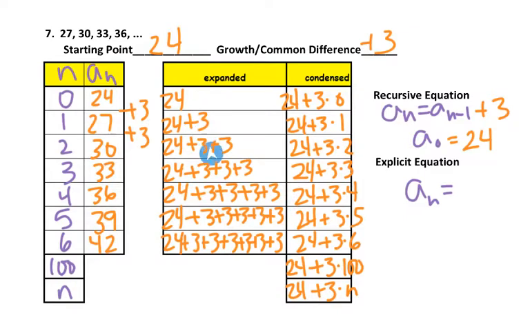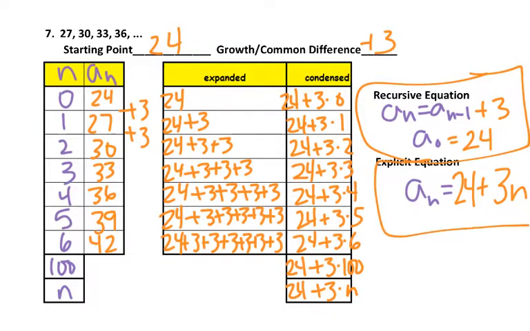Okay, then we expand it out, and we see we're adding 3 for however many inputs we have, which means we're actually multiplying by 3 for that repeated addition. And we get 24 plus 3n. Okay, so there's our recursive, there's our explicit. If you need this paused, have it paused so you can make sure you check everything.